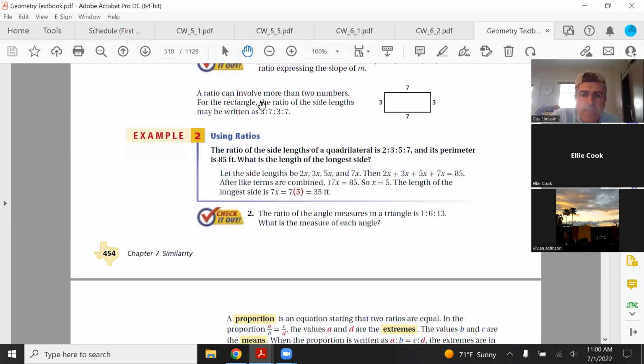So say, for example, you have a quadrilateral, and obviously it has 4 sides, and you're given the ratio of all the sides. We don't know the exact lengths, but we know the perimeter is 85. What you can do is let the side lengths be this.